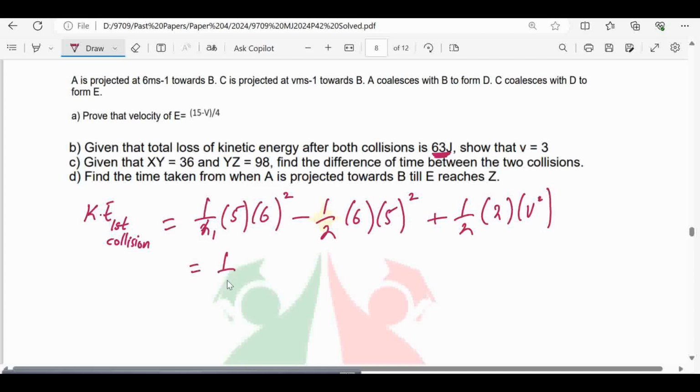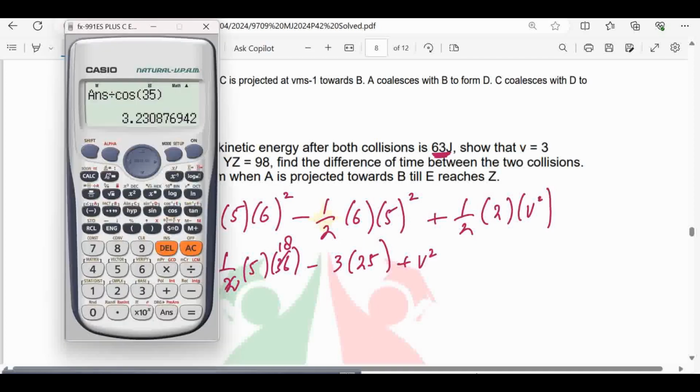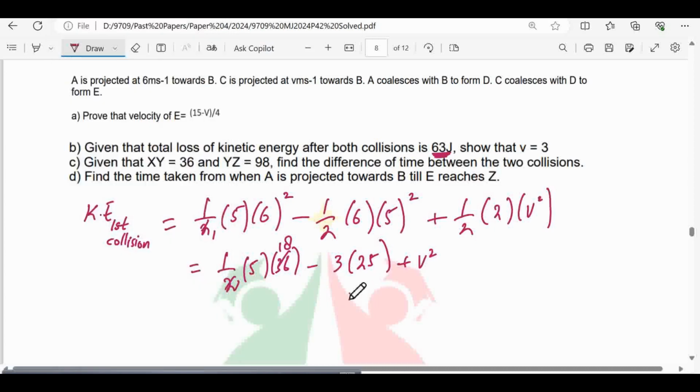If you simplify it, 1 by 2 into 5 into 36 minus 3 into 25 plus v squared. Now 2 ones are 2, 18s are, so 5 multiplied by 18 minus 3 multiplied by 25 will give us 15. So we can say the first kinetic energy loss will be equal to 15 plus v squared.